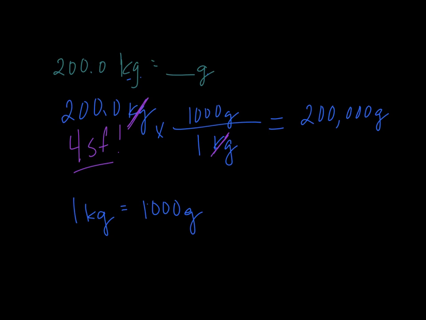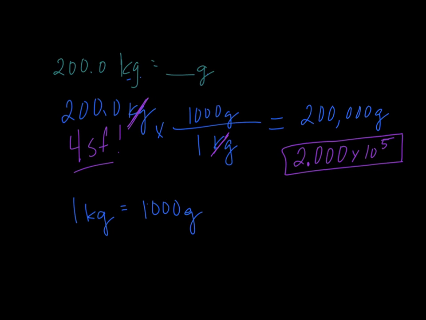And so for my answer, I have to report it to 4 significant figures, and so the easiest way to do that for this is to put it into scientific notation. And so to put this number in scientific notation would be 2.000 times 10 to the 5th. And so this now has 4 significant figures because those zeros are significant. There's a decimal in the number.